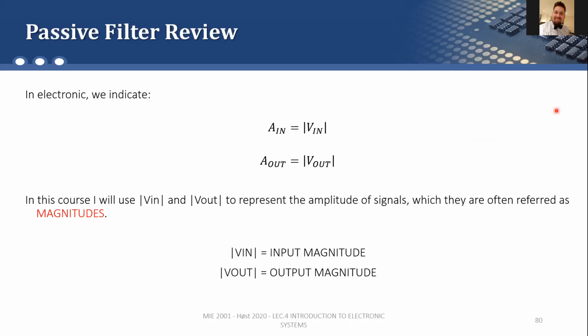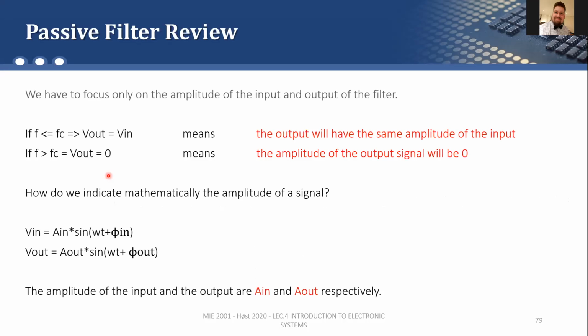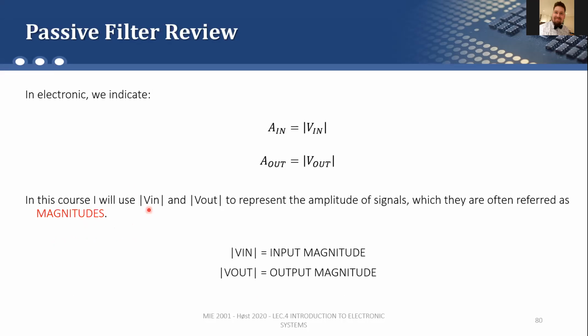Again, I didn't go into detail, but a sinusoidal signal can be written as a phasor, and phasors are expressed in terms of magnitude and phase, with a complex exponential in between. In our case, we are interested in the magnitude of that phasor, which physically is just the amplitude of the sinusoidal signal.